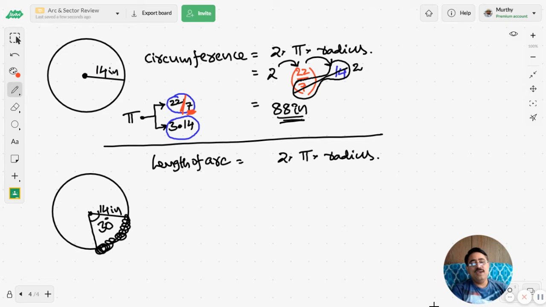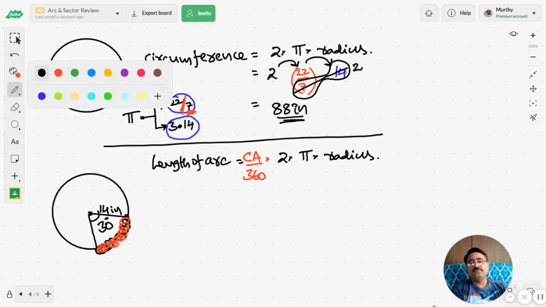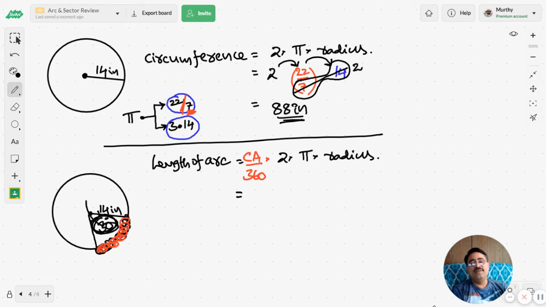But if you are taking a portion of the boundary line, a portion means a fraction, the fraction is going to be central angle over 360 times 2 pi radius. Therefore, here the central angle is 30 degrees. So 30 degrees over 360 times 2 times pi.